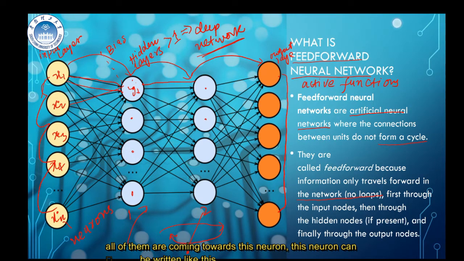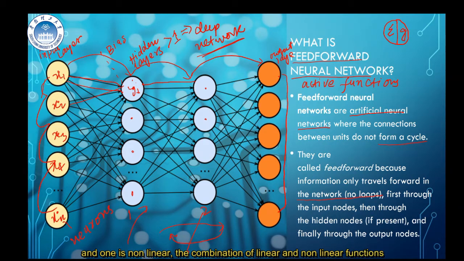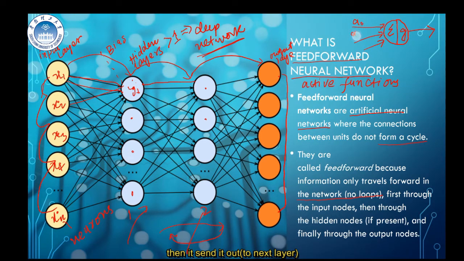This neuron can act as a combination of a linear and a nonlinear function, which makes an activation function, and then it sends the output out. These can be A0, A1, A2 functions. Now we will discuss the functions that a feed forward network uses.